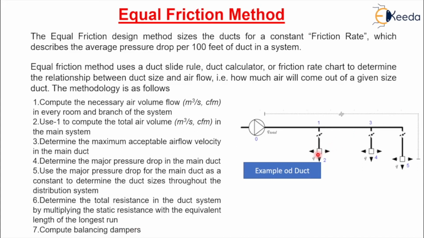Somewhere we will close the damper, somewhere we will open the damper. Accordingly, we will balance the pressure drop or pressure loss in the system. We will balance all the pressure losses in each duct with the help of dampers. This is the equal friction method.